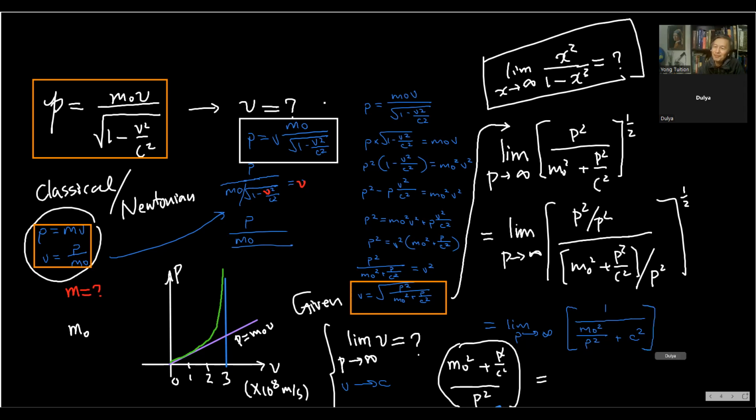Now, it's simple. As P increases, what would happen to this term? It would decrease. It's not quite right. Double check. This is not right. You really have to work out this first. Can we just simplify this fraction?